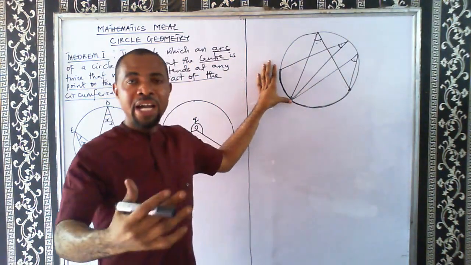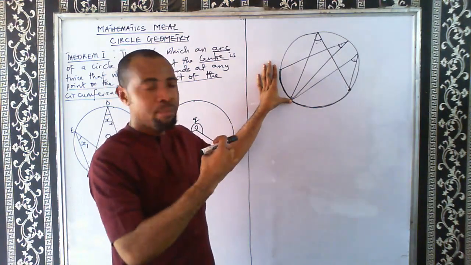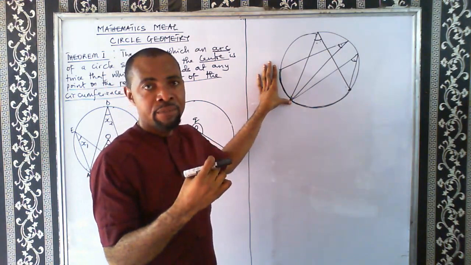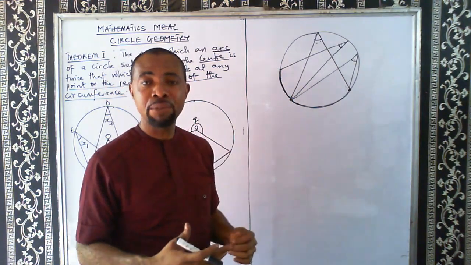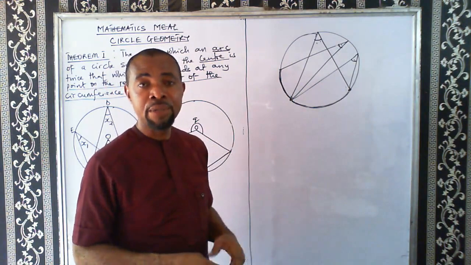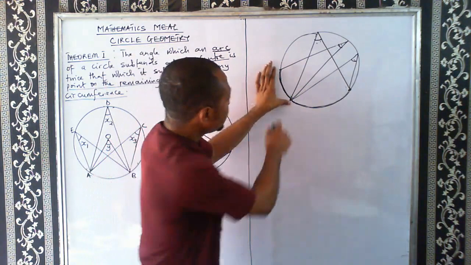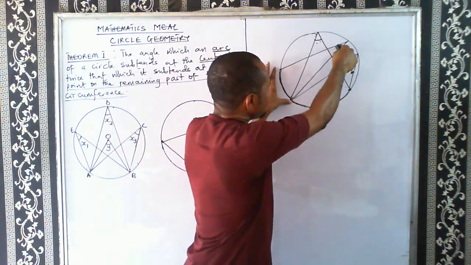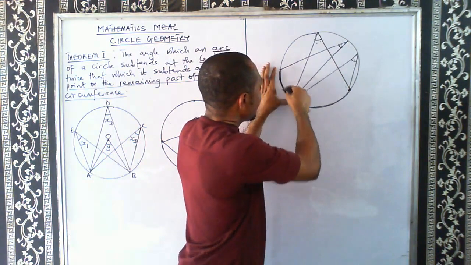Why I'm taking time to explain this is so that you will understand this particular theorem well. Because if you fail to understand it, it will be practically impossible for you to apply this theorem to solve problems of circular geometry. So you look at this arc: the lines that form this angle originated from this arc.